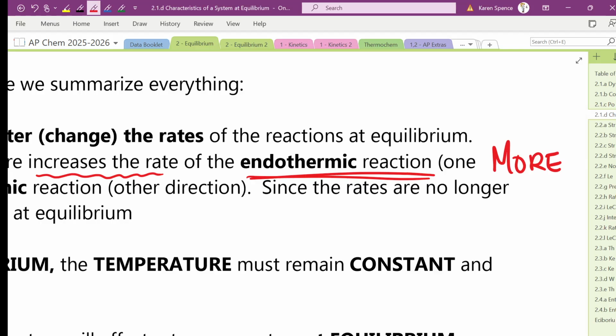Okay, we need to do some kinetic energy diagram graphs for that. So for now, just believe me, it increases the rate of the endothermic reaction more. It has to do with the fact that the endothermic direction has a higher activation energy. Yeah?